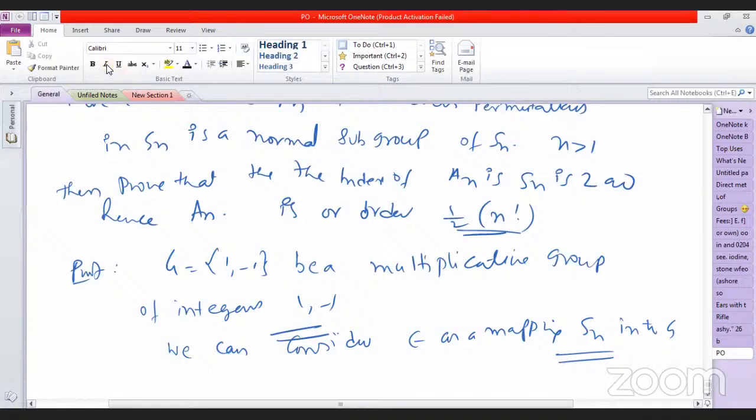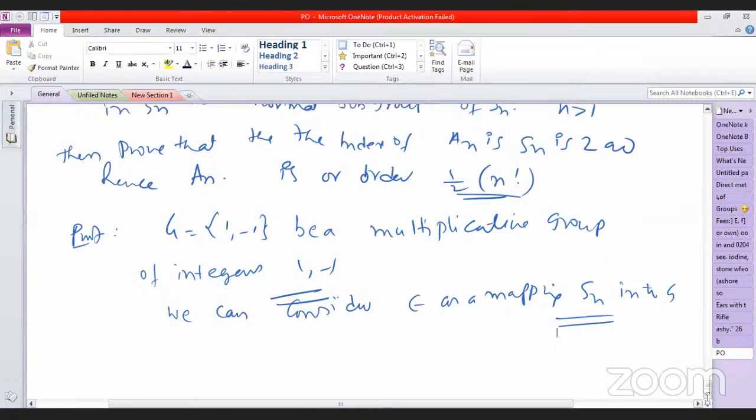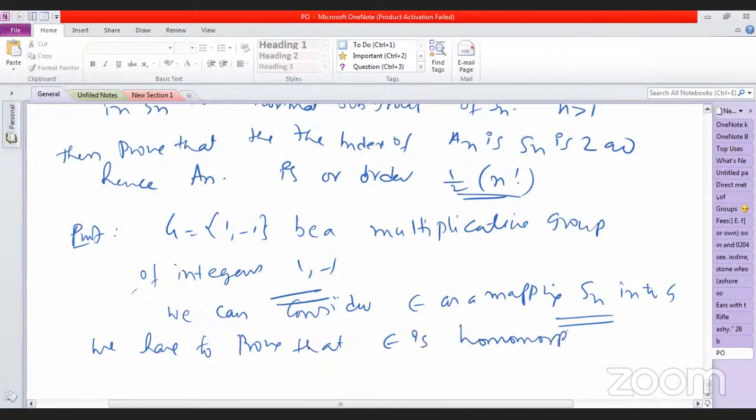So therefore, Sn into G. We have to prove that epsilon is a homomorphism. What is epsilon? What is the value?